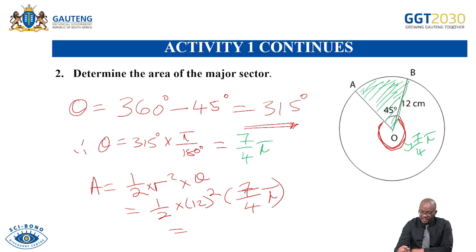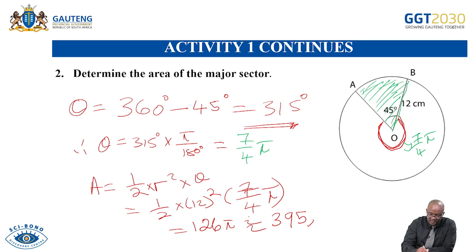Then you also multiply by the angle, which is 7 over 4 pi. That is your angle in radians. So now we get the area as 126 pi, or in decimal 395,84 centimeters squared.